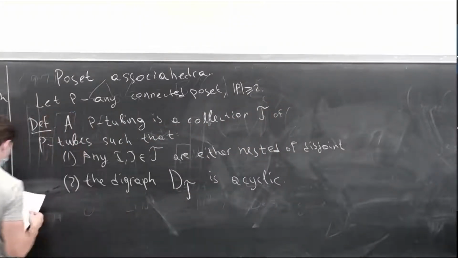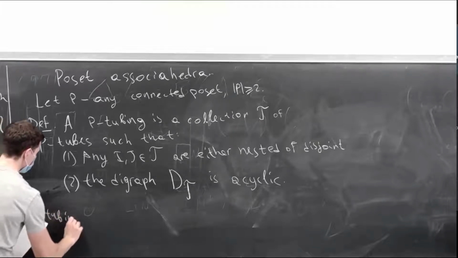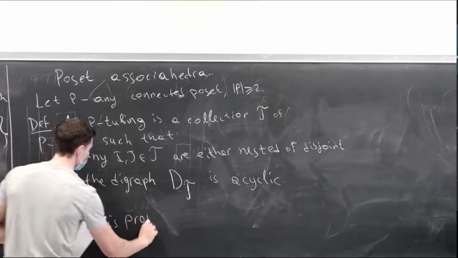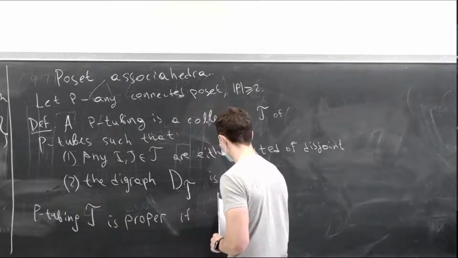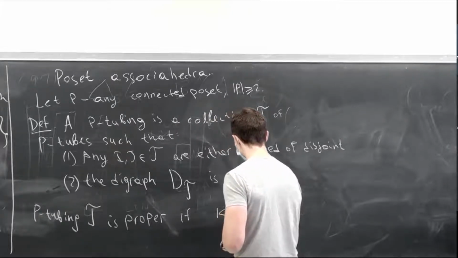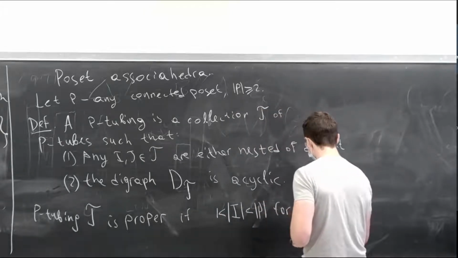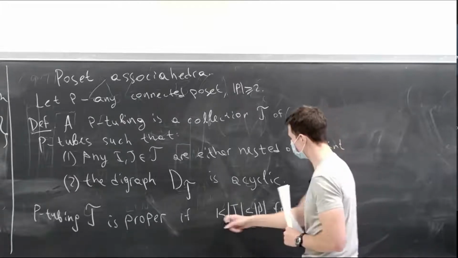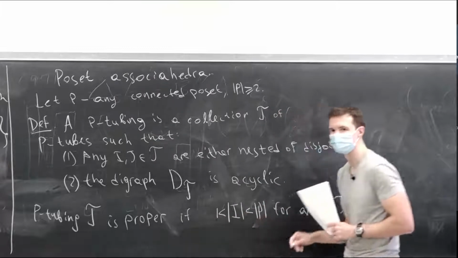A P-tubing is proper if we have 1 less than the size of I, less than the size of P, for all tubes I. Every tube has to be strictly between a singleton and the whole set.